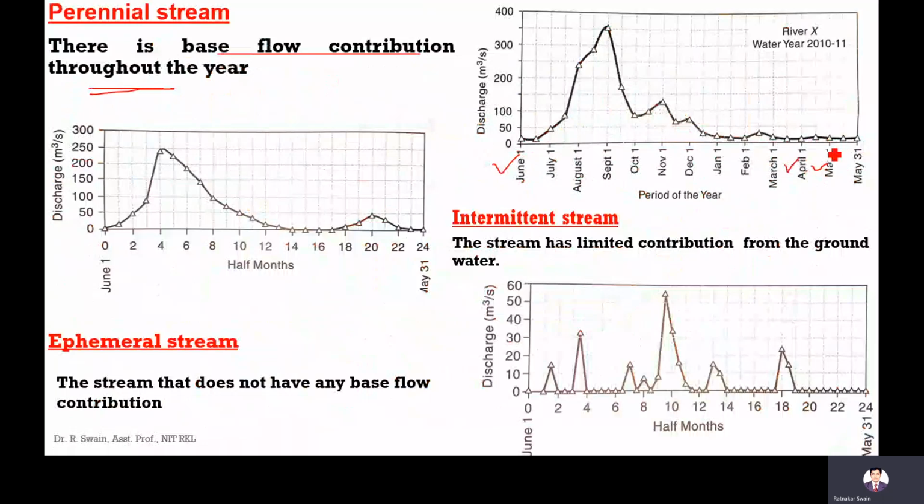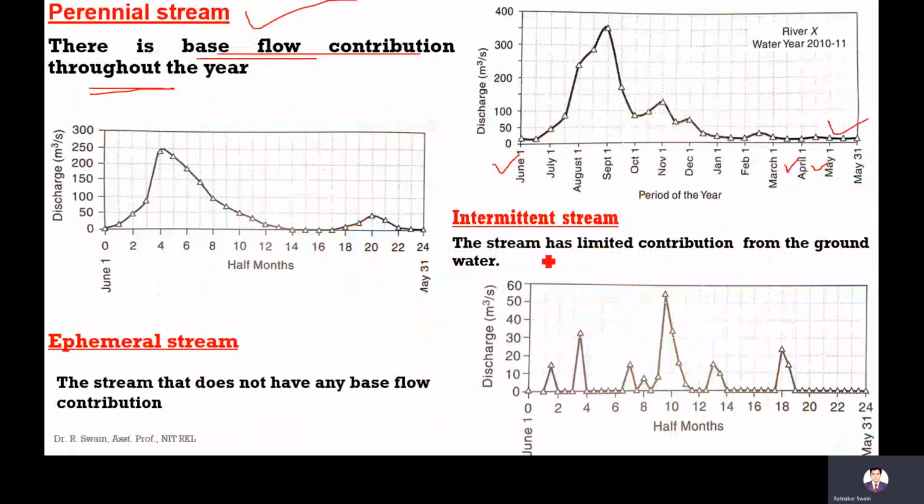That is due to base flow contribution, the contribution of groundwater, called groundwater runoff. So throughout the year there is some flow, and that is called a perennial stream. Some water is there throughout the year.